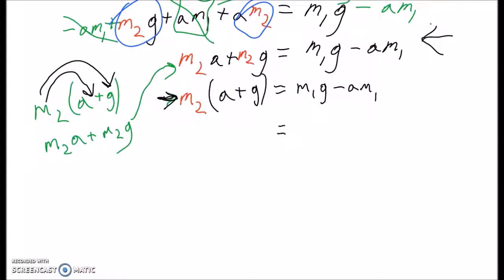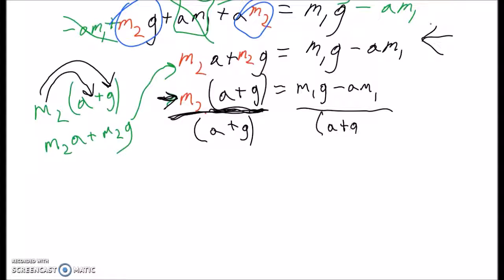And then how do we get rid of this little constant term? Well, if we have a constant times a variable, we can just divide one of the two, right? So we divide both sides. If we do it to one side, we have to do it to the other. Can't just get rid of it.